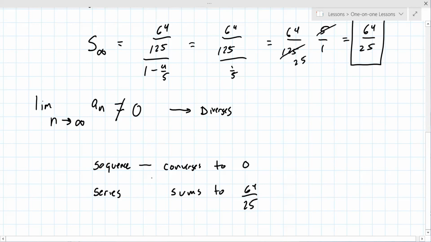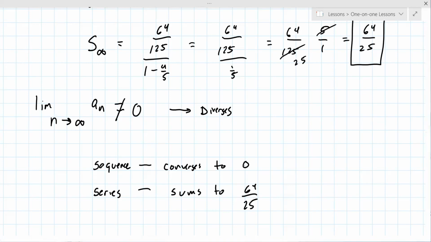Okay, and it's possible for a sequence to converge to 0, but not sum. So there are all these different things that can happen. I know this is new language and all that. So generally the first thing you'd figure out is, does it converge or diverge? And then if it converges, can you figure out what it converges to?